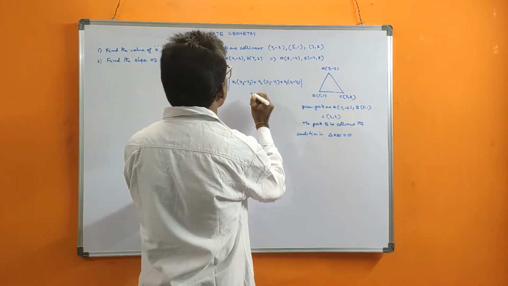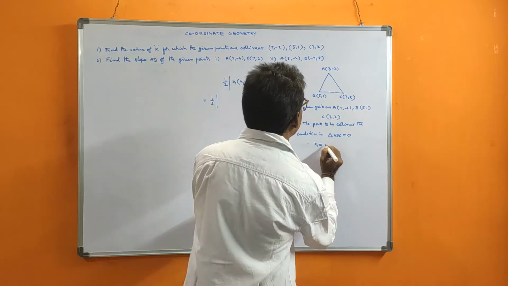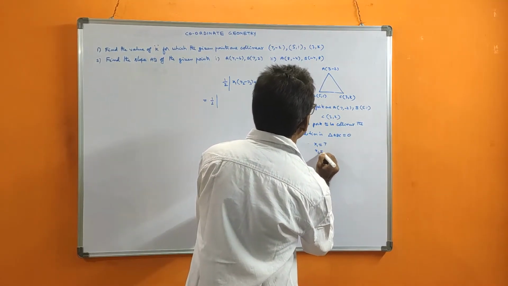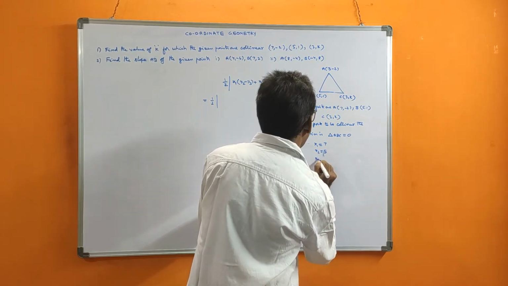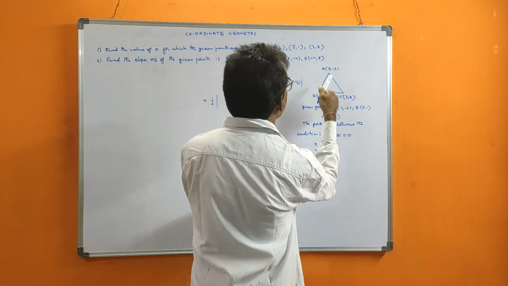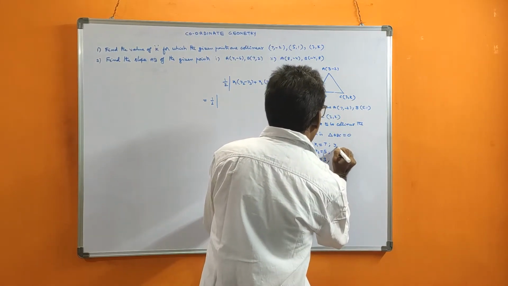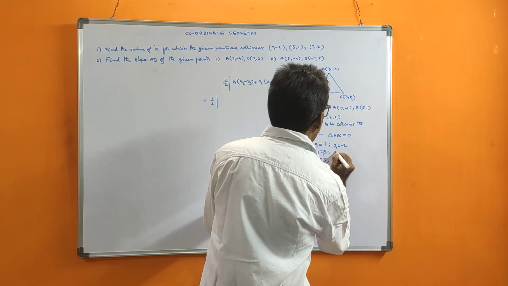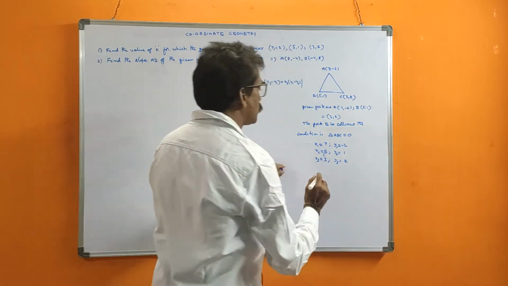Now write x1 is equal to 7, x2 is equal to 5, x3 is equal to 3, and y1 is equal to minus 2, y2 is equal to 1, y3 is equal to k.